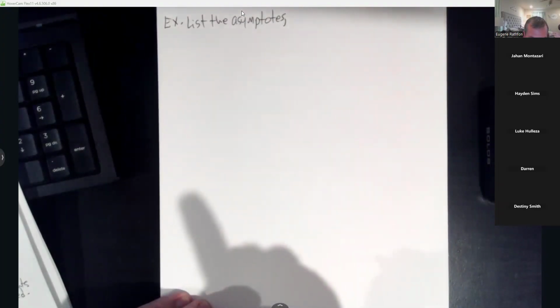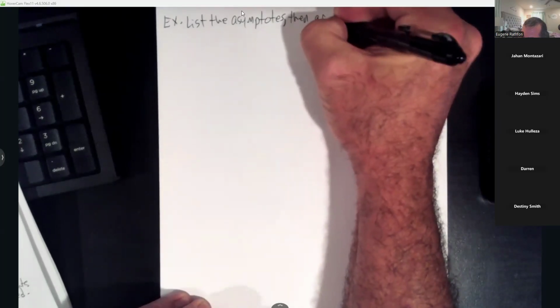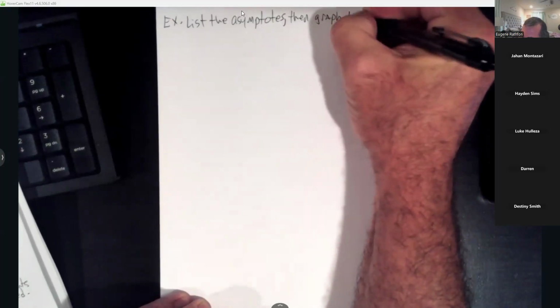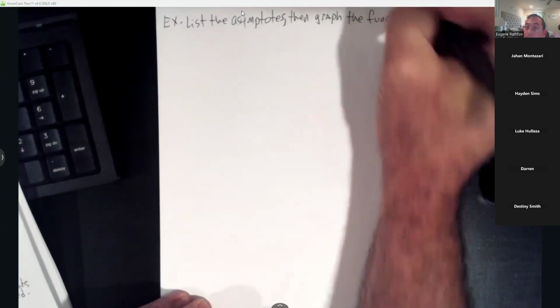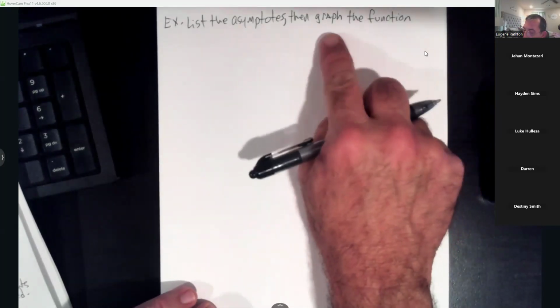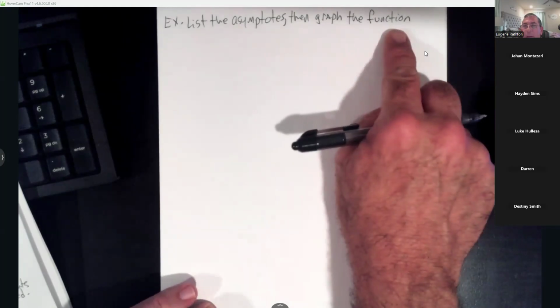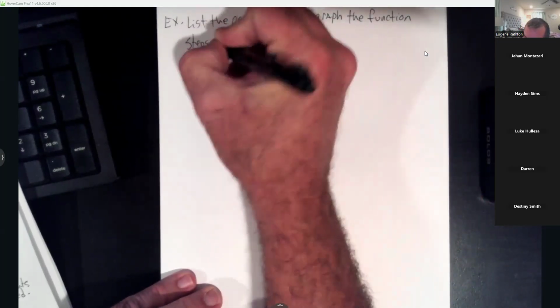Then we're going to graph the function. All righty, so we got to figure out how do we graph these functions. So the steps to graphing.